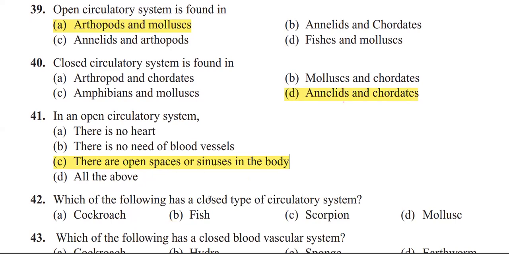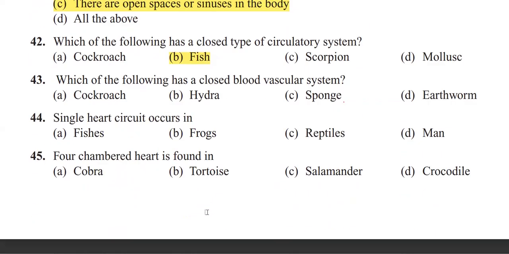Which of the following has a closed type of circulatory system? Cockroach, fish, scorpion, mollusk. That is fish. Which of the following has a closed blood vascular system? Cockroach, hydra, sponge, earthworm.